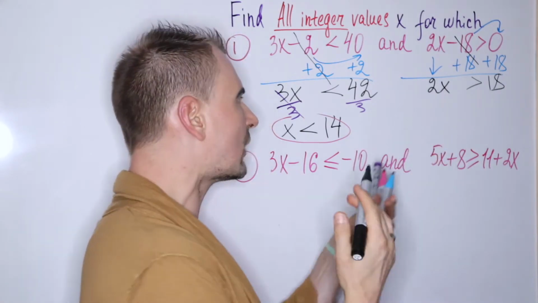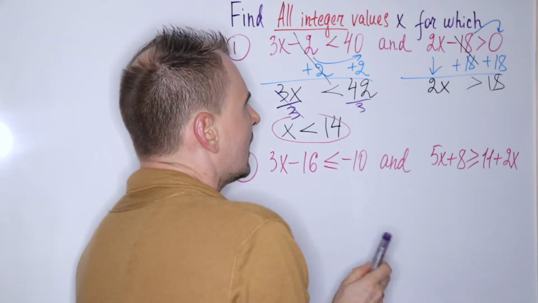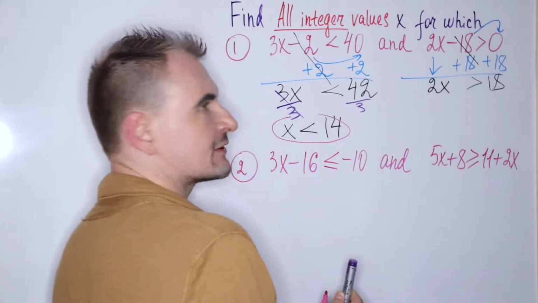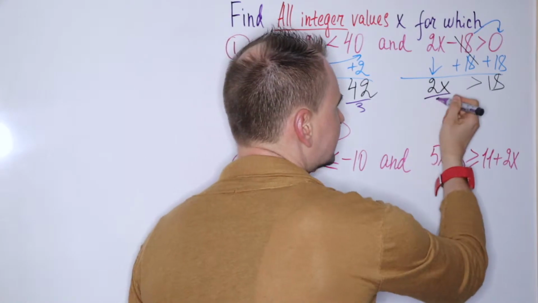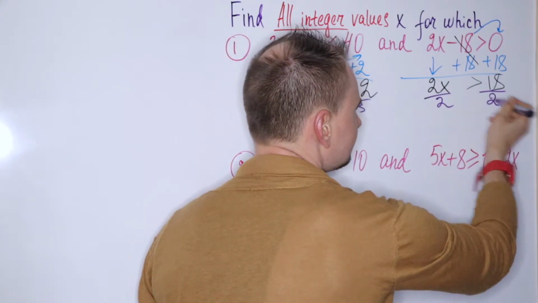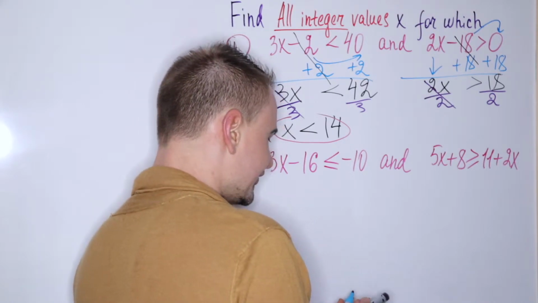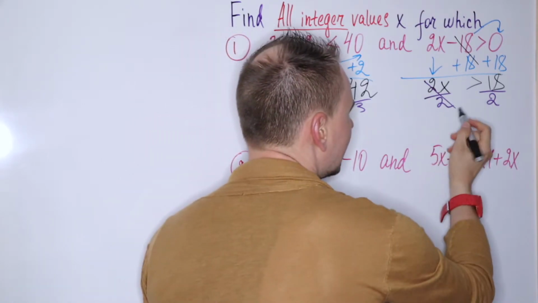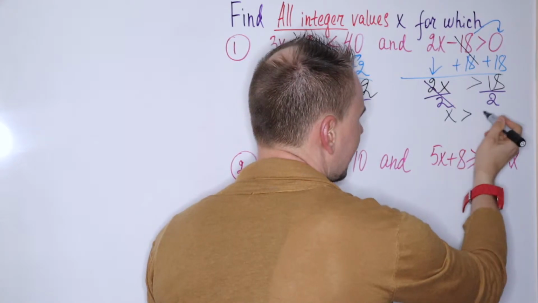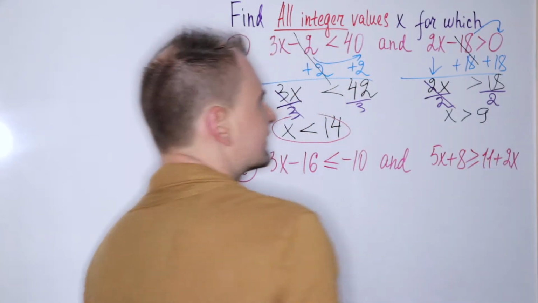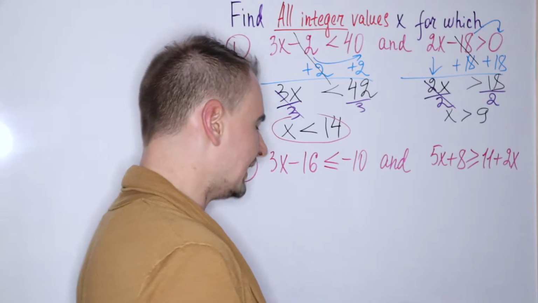Again, you want to isolate your x, so divide both sides of your inequality by 2 in order to get this x, and your x is greater than 9, since 2 fits into 18 nine times.